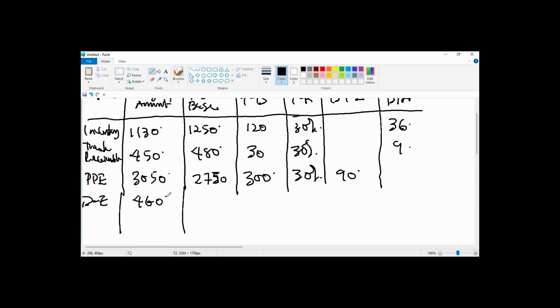Tax base 480. The expenditure was allowed for tax purposes in full during the year. So what is the tax base? 480? Amortization is not tax deductible.